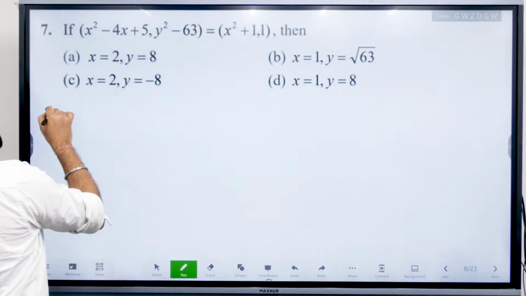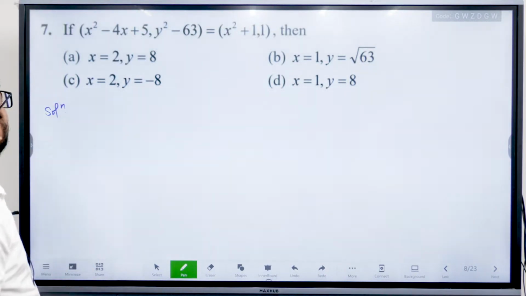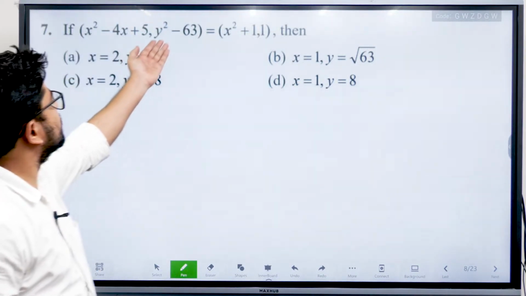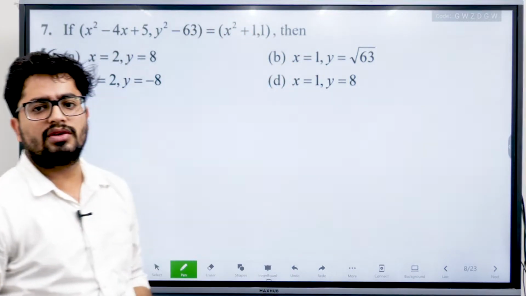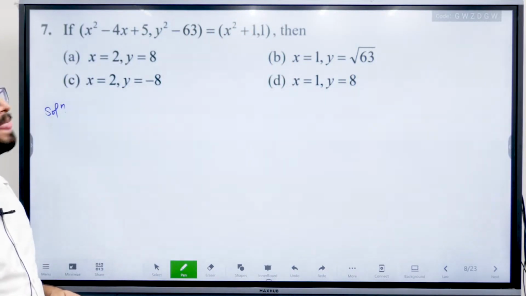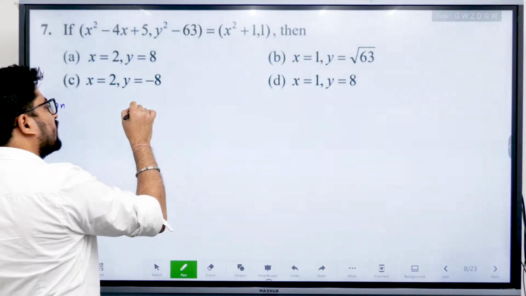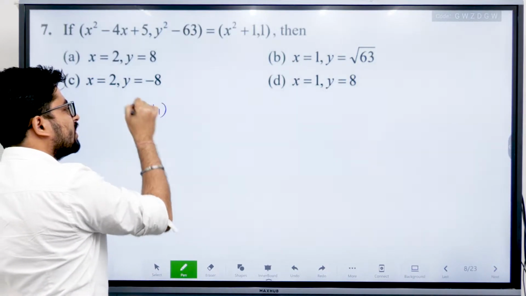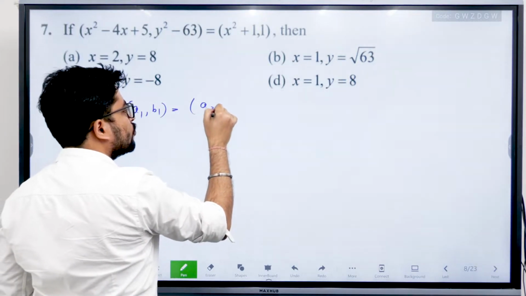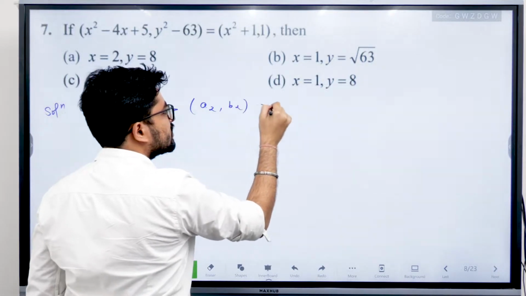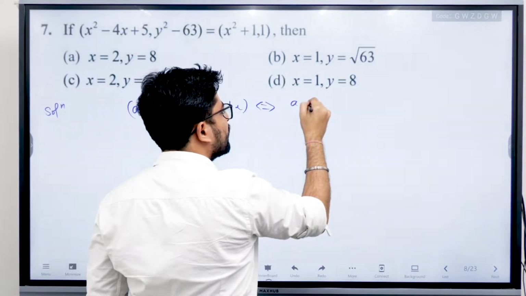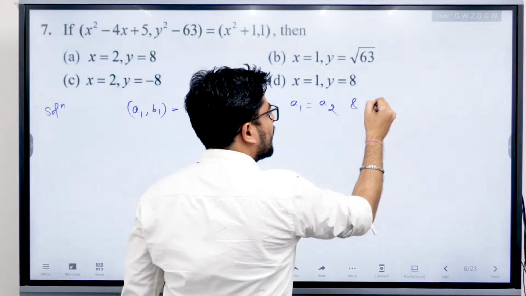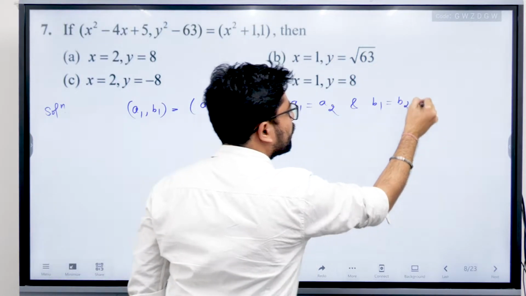Next is, we are given that if this ordered pair is equal to this one, you have to find the values of x and y. We know that if (a1, b1) is equal to (a2, b2), this is true if and only if a1 = a2 and b1 = b2.